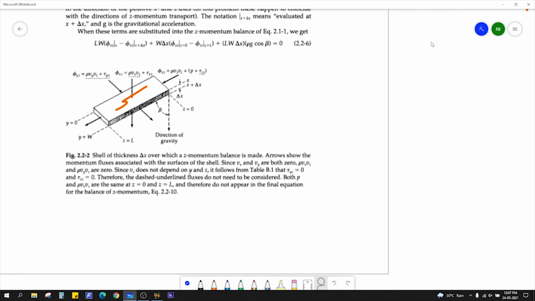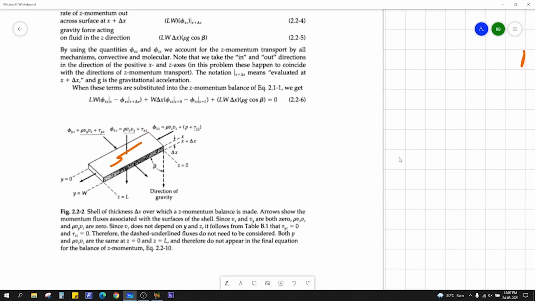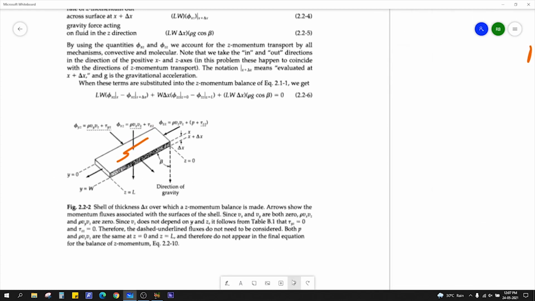Okay, so we'll start with the momentum balance. It will be easier to follow this diagram itself. Let's see, in this z direction, what is the rate of momentum in? Momentum is entering at this point, right? And it is going out at this point.